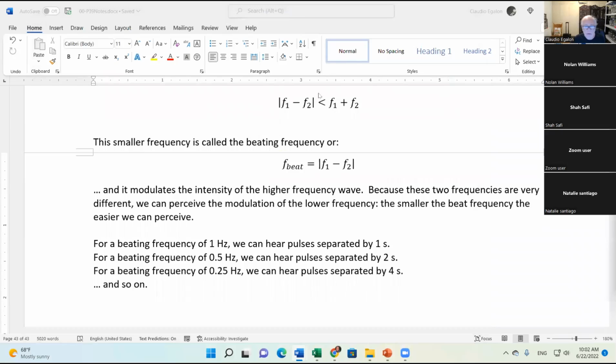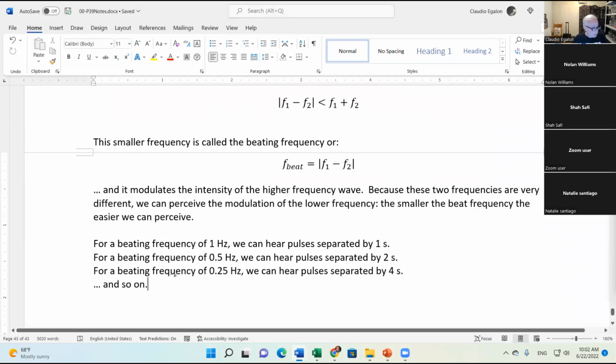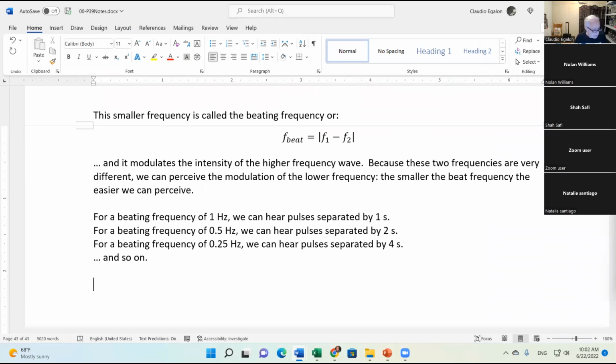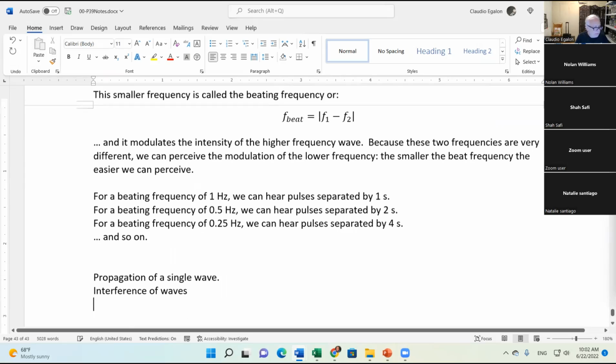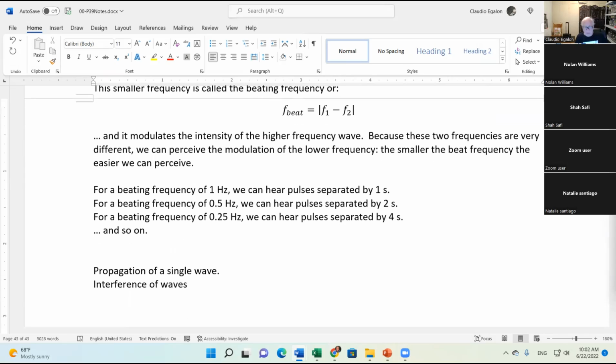So let's just summarize what we have done so far. Propagation of a single wave, right? Then we start to talk about interference of waves. Most of this chapter is in terms of interference of waves, right?